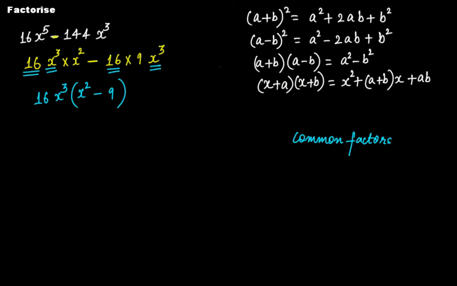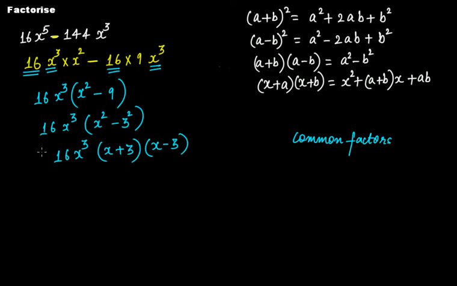Now this is x squared minus 3 squared, so this is 16x cubed times x squared minus 3 squared. It is of the form a squared minus b squared, that is this one. And therefore this will be equal to 16x cubed, x plus 3 multiplied by x minus 3. So this is the required factorization of this algebraic expression.